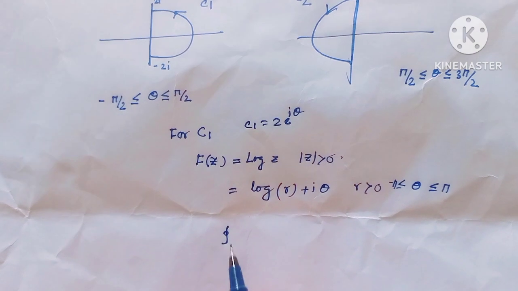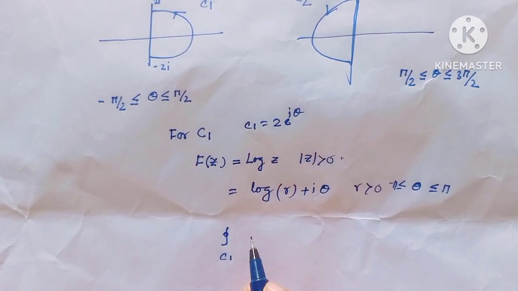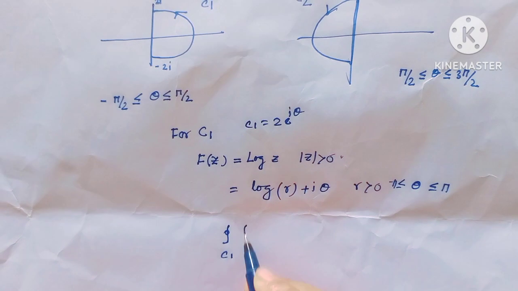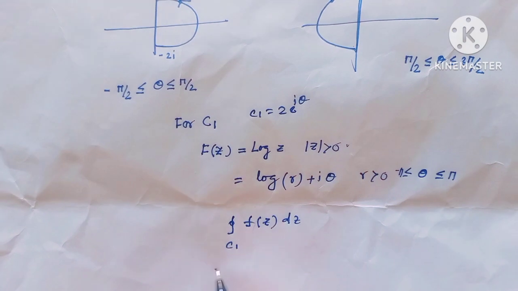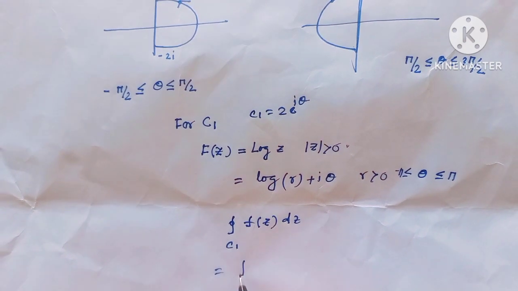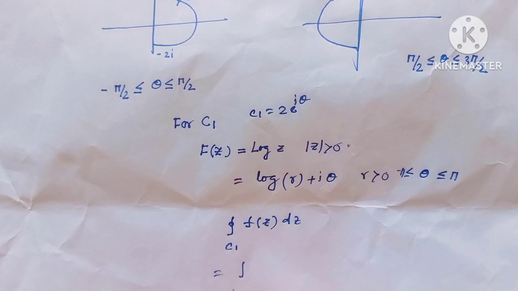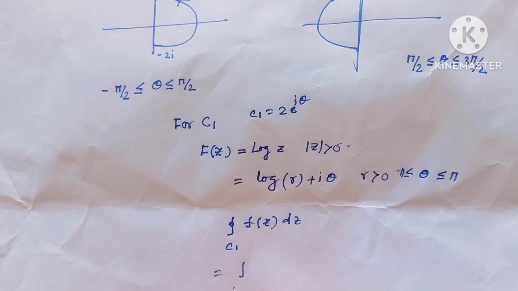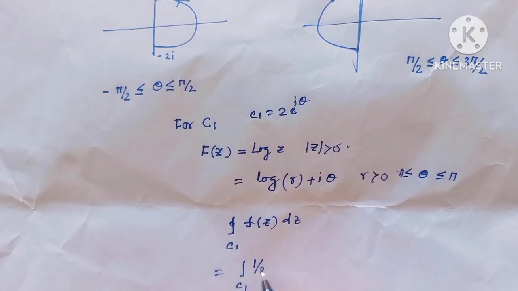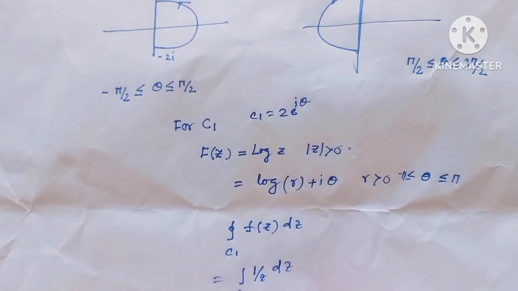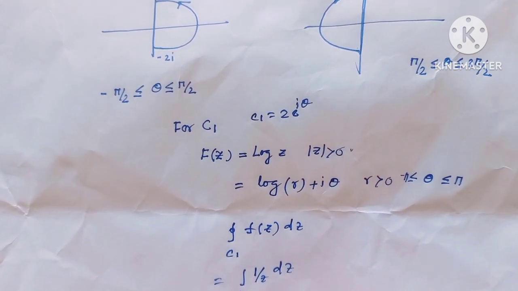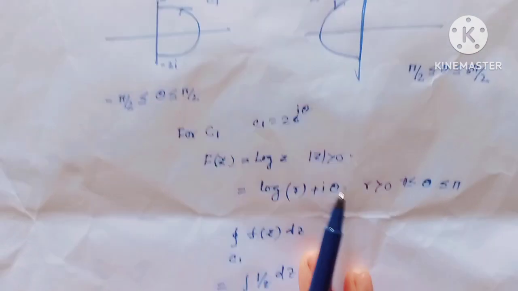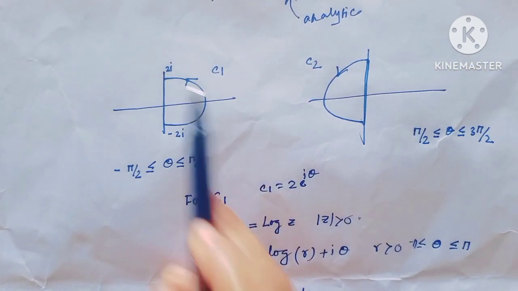Then the integration along the path C1 of f(z) dz is the integration of 1 over z dz, and the antiderivative of 1 over z is capital Log z, and along the path C1 the value goes from minus 2i to 2i.